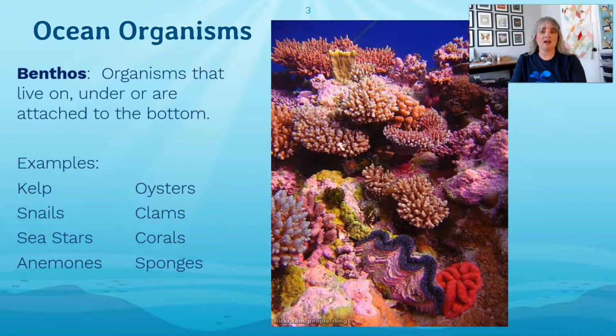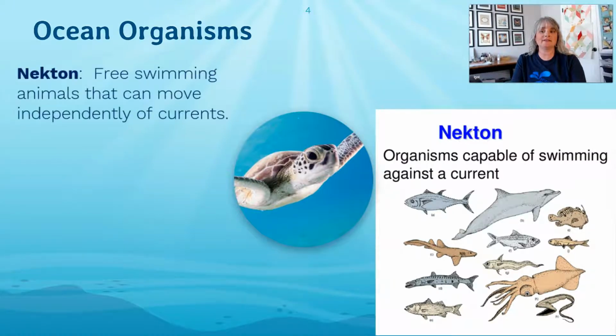The second category is called nekton. Nekton are free-swimming animals that can move independently of currents. We're going to talk about another section of animals that cannot move independently of currents, but nekton is mostly any animal that you can think of. When I say name an ocean animal, you're going to give me probably a nekton. So we've got some examples.